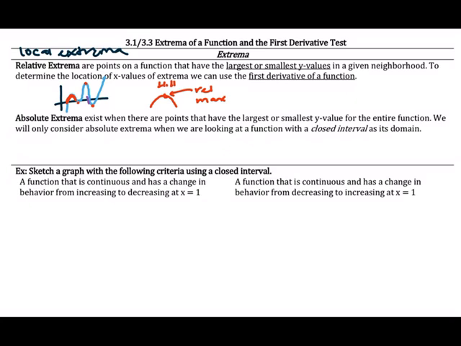As opposed to looking at something like this piece of the function, this is like a valley, and this could be called a relative minimum because it is the lowest point in that particular area. Now, relative extrema are not necessarily the highest or lowest point on the graph in its entirety, but the highest and lowest point in a particular neighborhood.